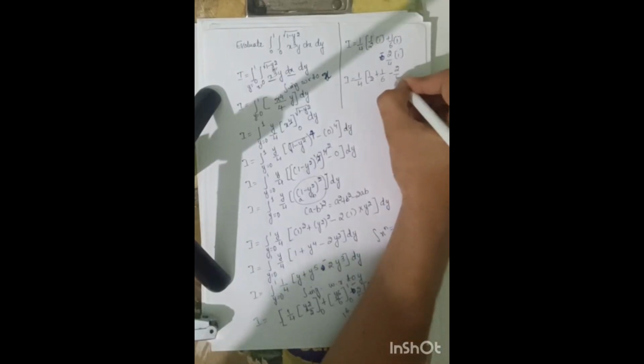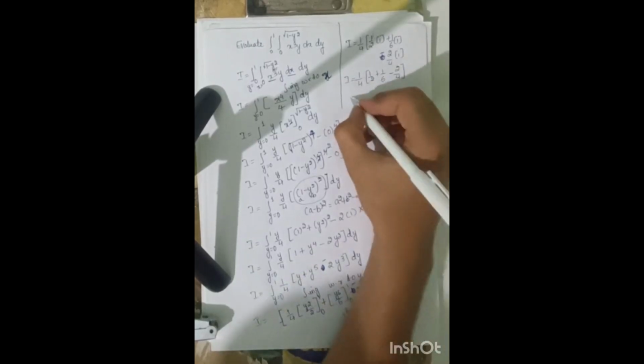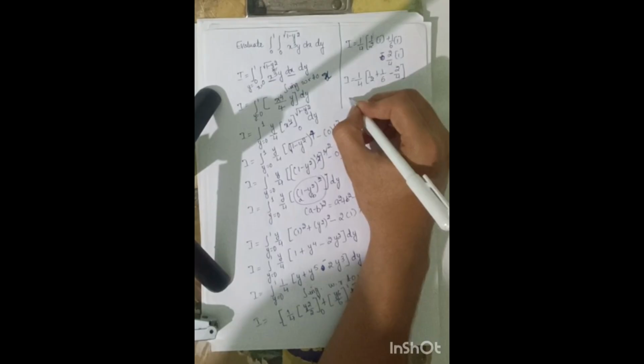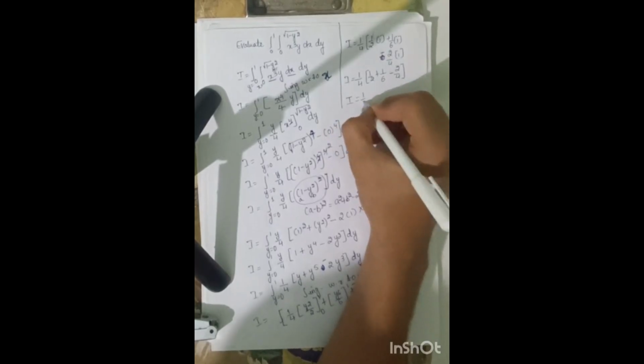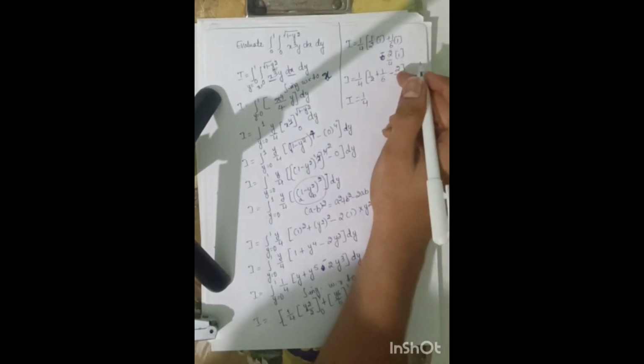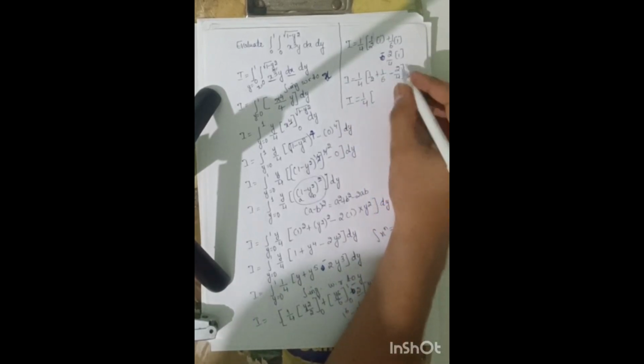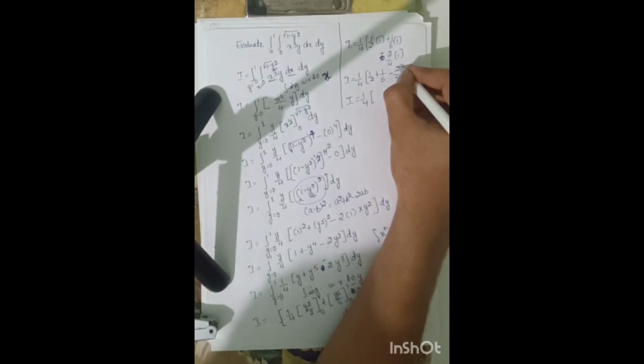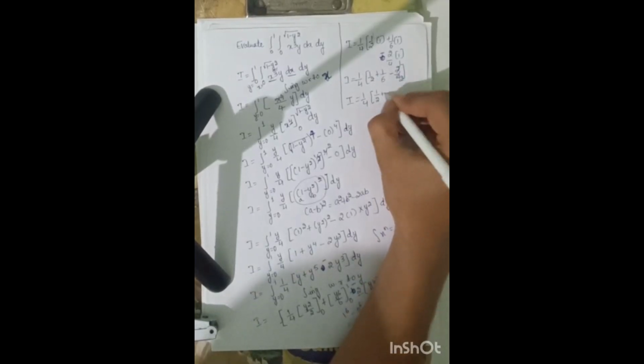So 1 by 2 plus 1 by 6 minus 2 by 4, isn't it? So next, I is equal to 1 by 4 of the LCM of this one, so this 1 by 2, just divide it here, easier, 1 by 2 ones are 2, twos are, so 1 by 2 plus 1 by 6 minus 1 by 2.